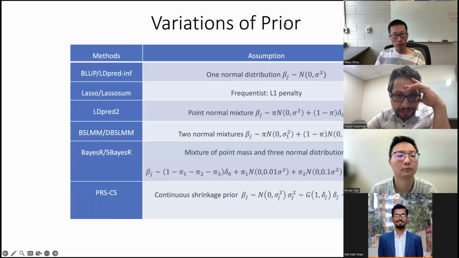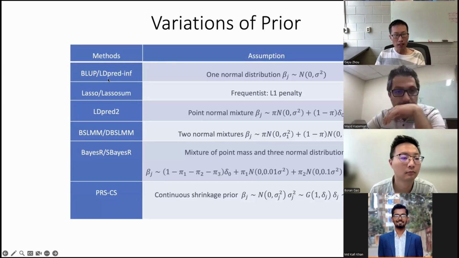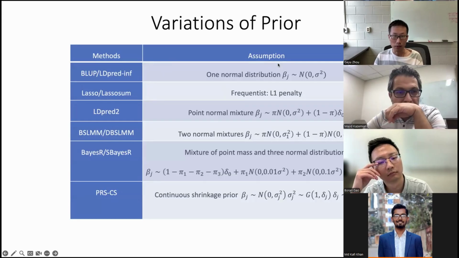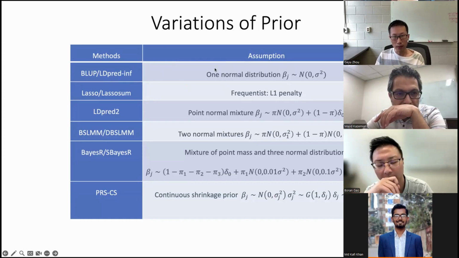So for the Bayesian prior, you can really see the different methods make different assumptions about the prior. For example, the simple way is to just assume the beta follows a single normal distribution. So this is also called BLUP or the linear mixed model. And lasso will put an L1 penalty on the effects.